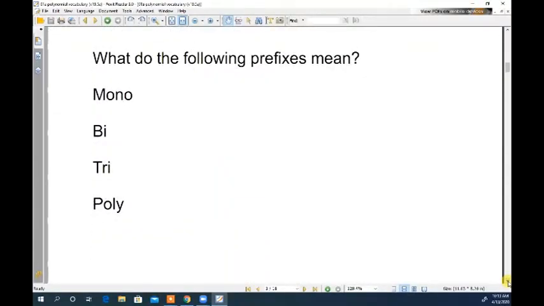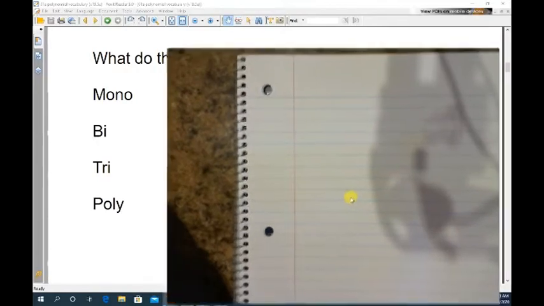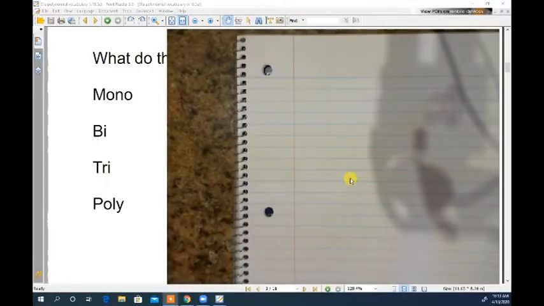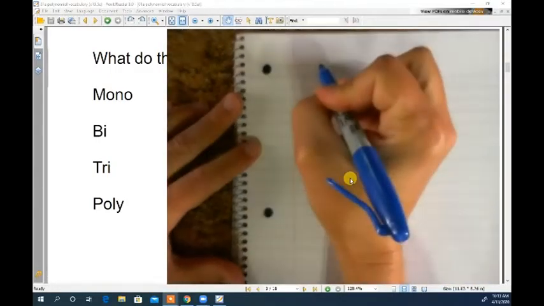So we've got a couple of different prefixes here that we're going to need. So in our notes, I got a weird shadow going on. Don't know. Let's make that shadow. But there we go. So in your notes, I need your name.